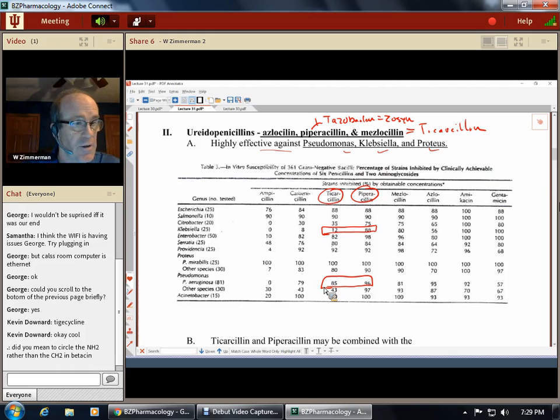I'm not sure. Notice on the far right over here are the aminoglycosides. They are the gold standard for gram negatives. Look at all those hundreds there.